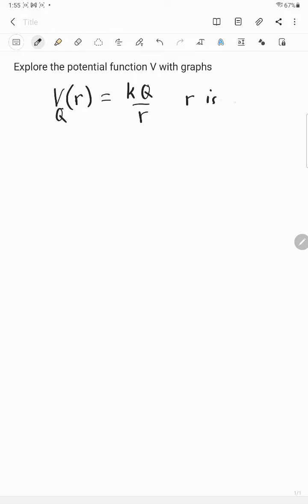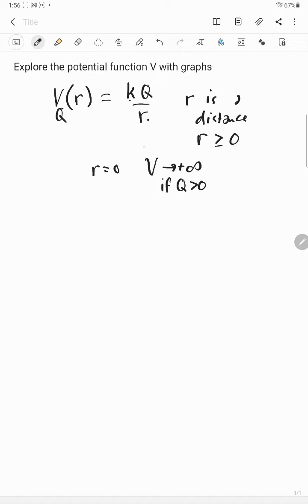R is a distance, and so R needs to be bigger than or equal to 0. And you can see that if R equals 0, V goes to infinity, right? But this is V going to positive infinity if Q is bigger than 0. So K is positive already.